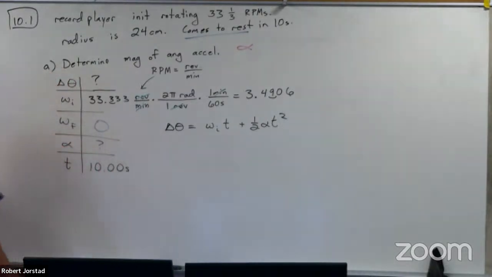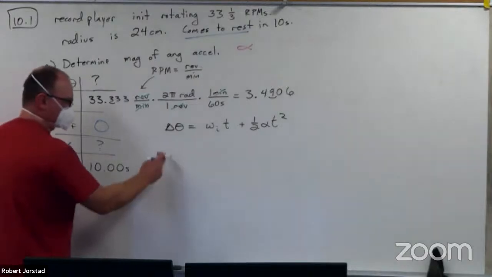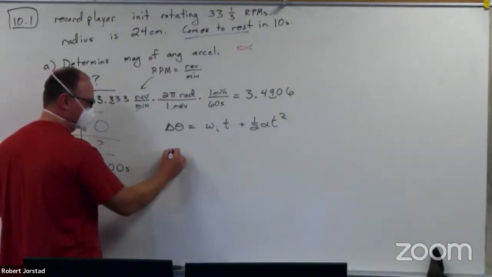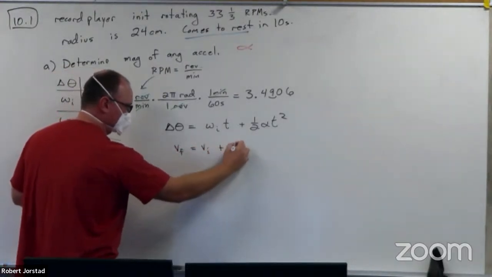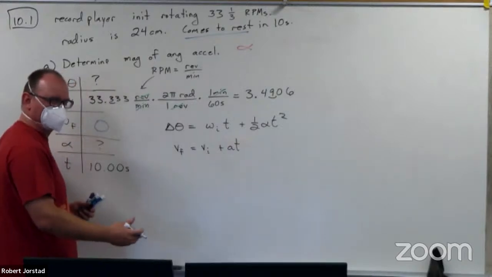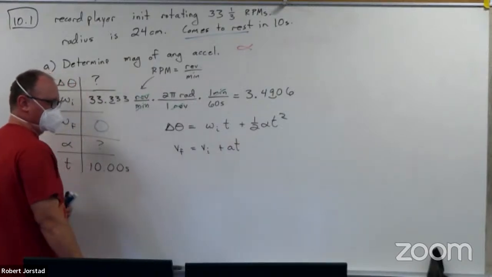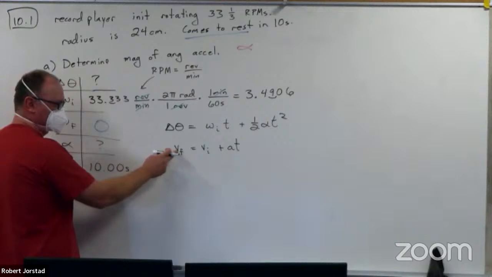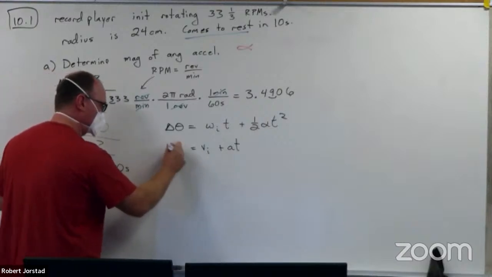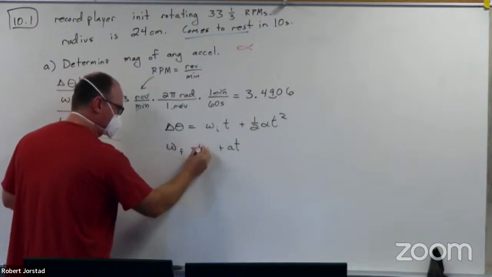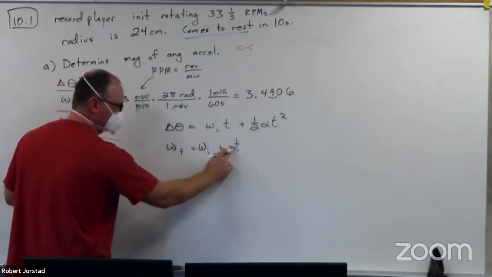Does somebody want to give it a shot? What was the v equation? Does anybody remember? V final equals V initial plus a t. So what would be the equivalent in rotation land? All the v's go to omegas. All the a's go to alpha, fish swimming left.